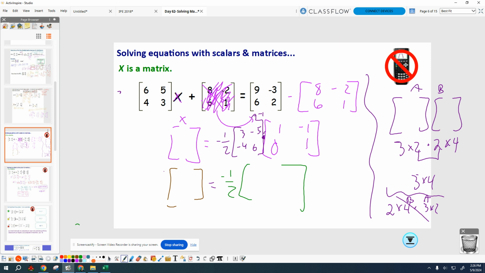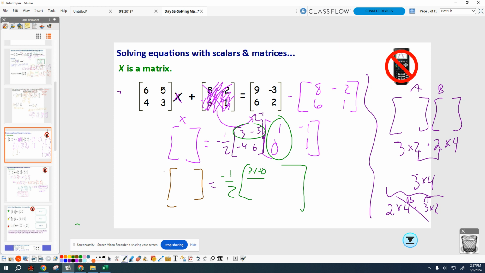Tamara, can you tell us how to get the top left box here? We would multiply by -1/2. Well, I'm gonna leave the -1/2 on the outside first. And then you would do 3 times 1 plus -5 times 0.